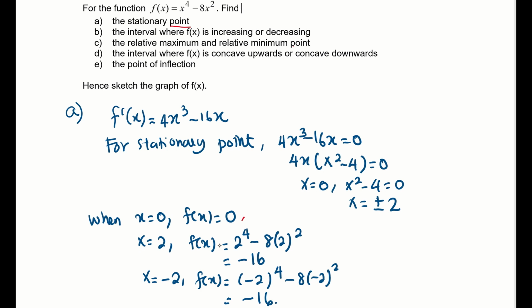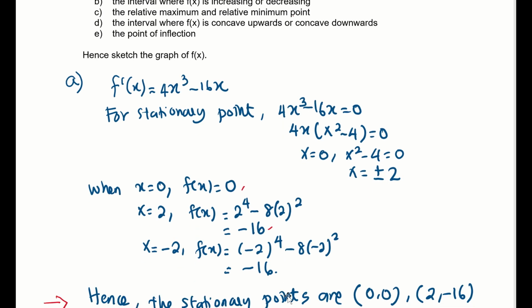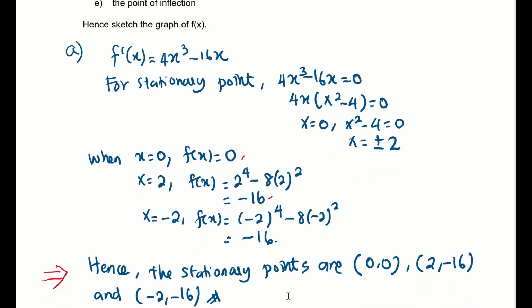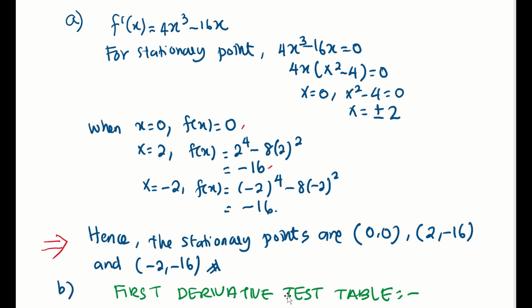When x equals 2, f(x) equals 2 to the power of 4 minus 8 times 2 squared. The answer is negative 16. And when x equals negative 2, f(x) equals negative 16 also. Therefore, the conclusion is the stationary points are (0, 0), (2, negative 16), and (negative 2, negative 16). So, that is the answer for A.